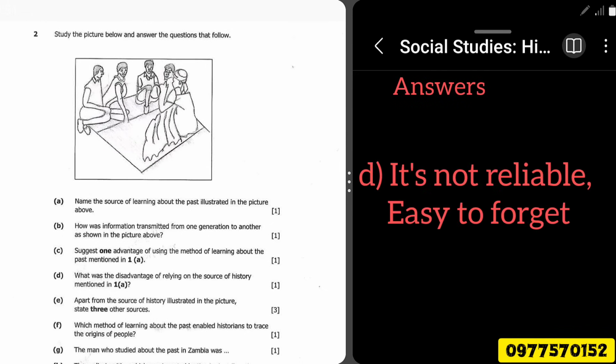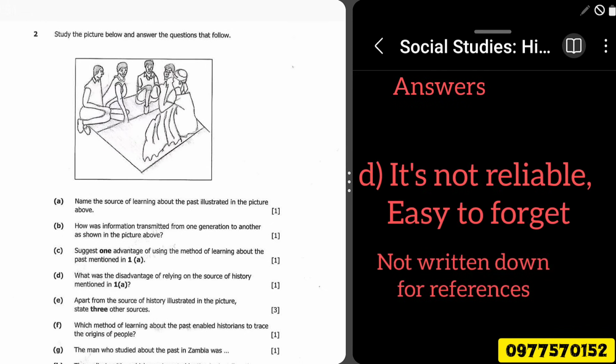What was the disadvantage of relying on the source of history mentioned in 1A? It is not as reliable as the original message. It is easy to forget, and also not written down for reference. So you can just get one.